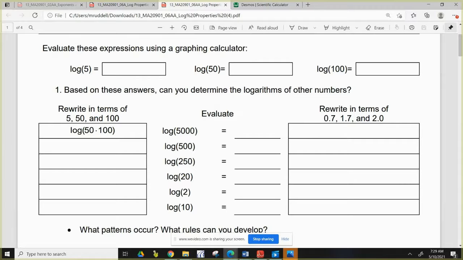Do the same thing we just did. Go down, fill in the middle column, and then turn the video back on.